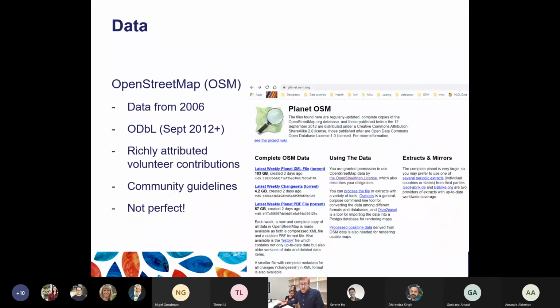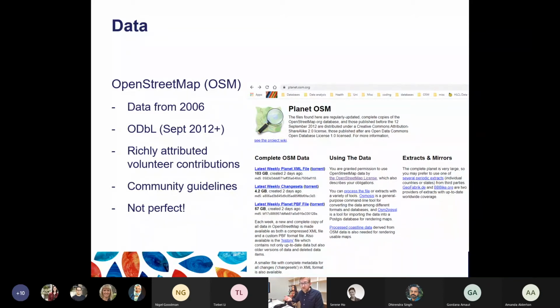In terms of amenities and the network used to route around a city, we use OpenStreetMap data. Again, it's not perfect, but it has been increasingly used by researchers across the last decade, and it's very richly attributed data compiled through volunteer contributions, a volunteered geographic information data set, loosely following community guidelines.